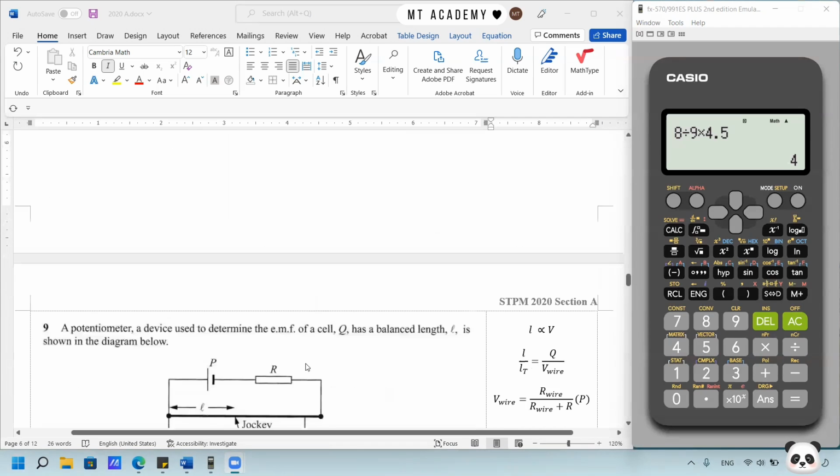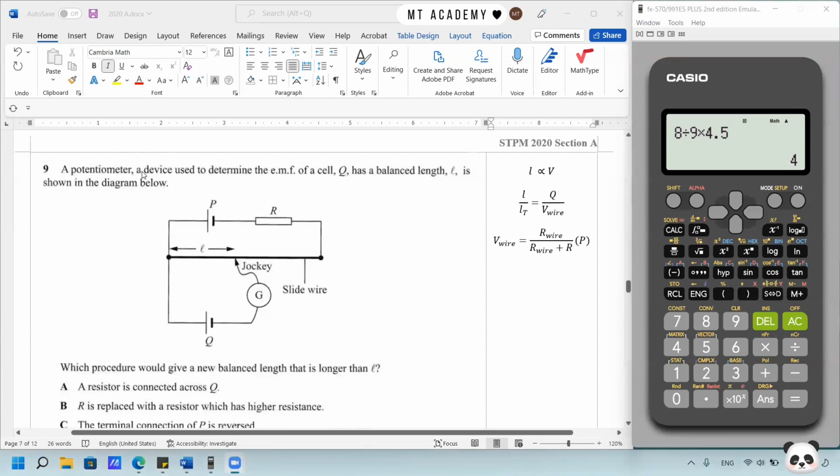Now we proceed to question number 9. A potentiometer, a device used to determine the EMF of a cell Q, has a balance length L. Which procedure will give us a new balance length that is longer than L? Before we answer this question, maybe we can build equations based on the circuit first. First of all, the wire has a linear relationship, where the length of the wire is proportional to the resistance, which is also proportional to the voltage applied.